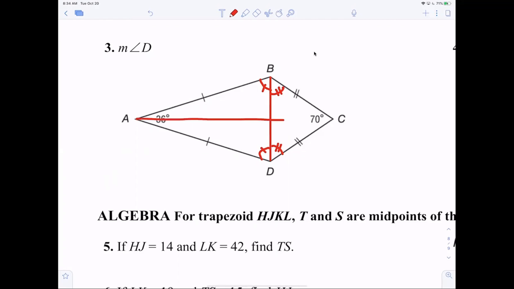Now, right here, what does it look like is true about those two diagonals? Yeah, they are perpendicular. So does that make it a rhombus?